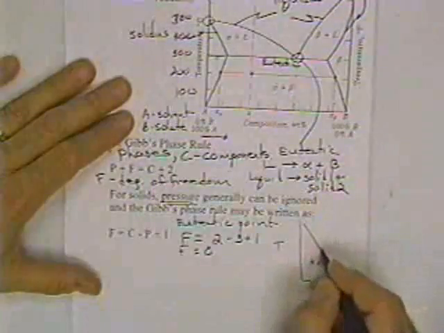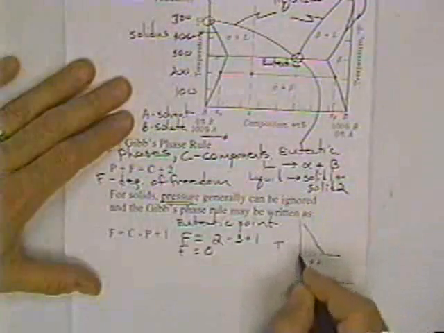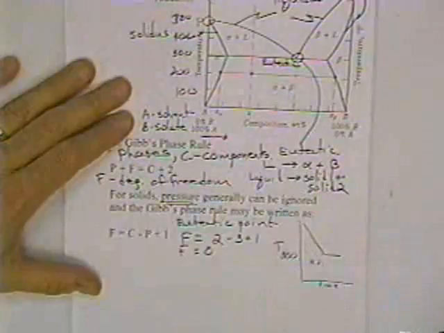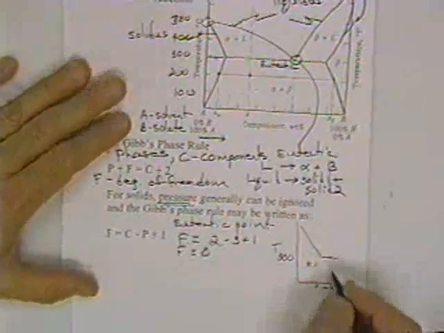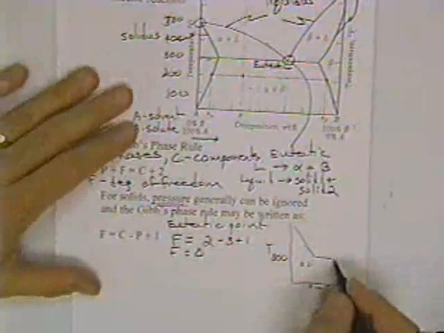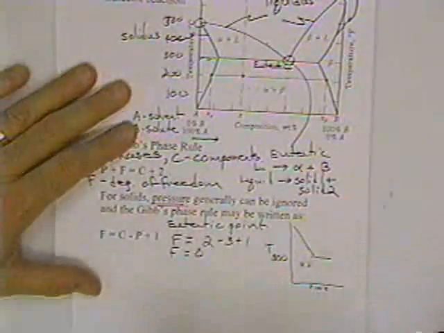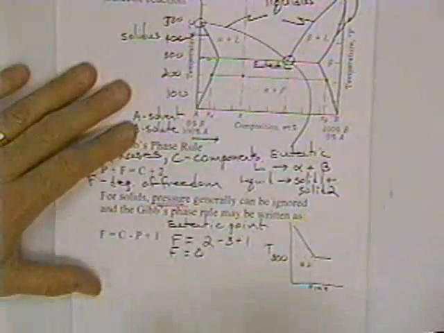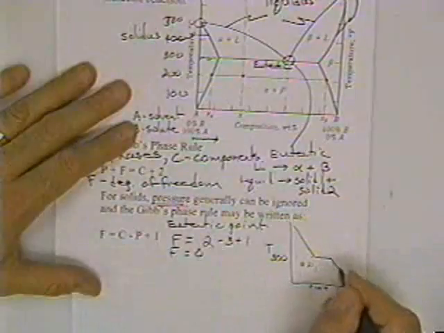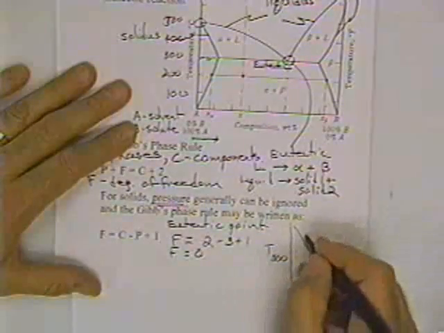When we get to 300 degrees centigrade, then that temperature will stay constant, because in this region there are how many degrees of freedom? 0. That means you can't vary composition or temperature. We've already said pressure is not going to vary. And then when it's completely solidified, it will start to cool off.